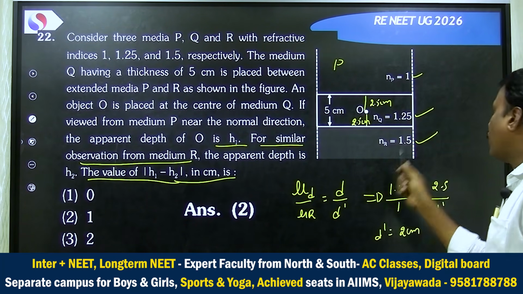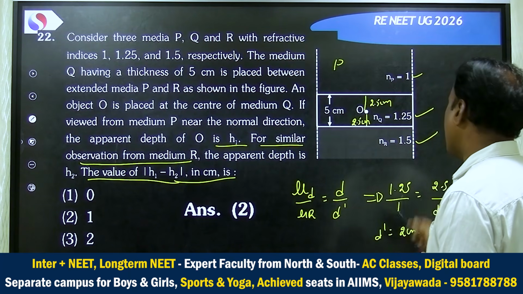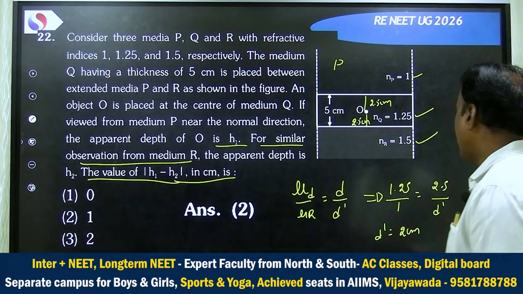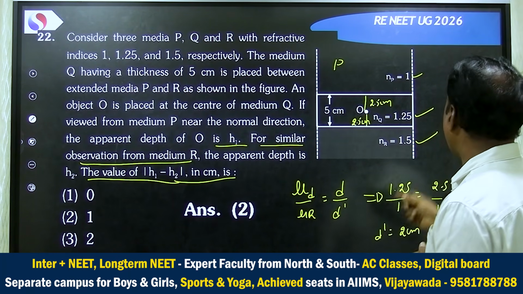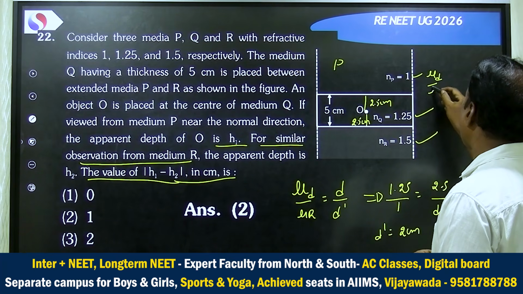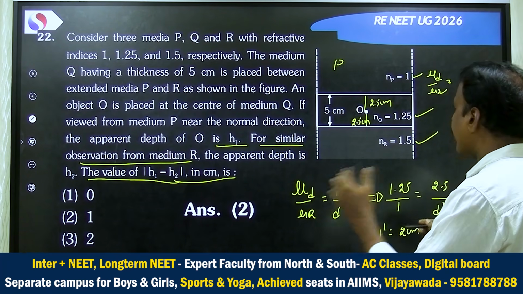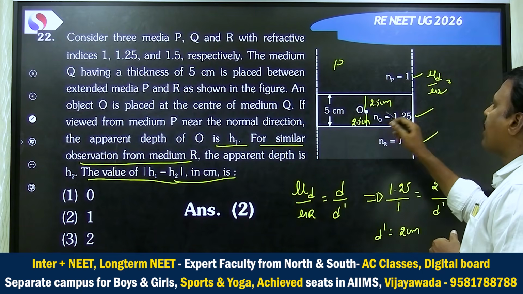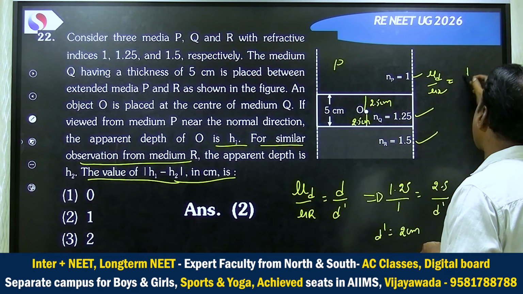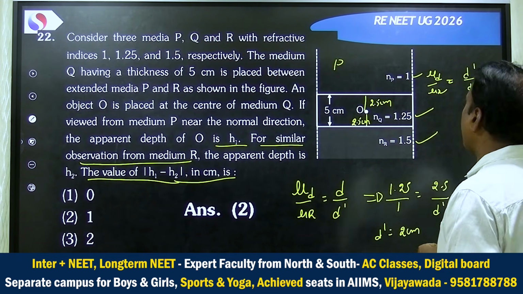Then what about the observer in the second medium? We will see on the next page. Remember these values, 1.5 and 1.25. Or else we can finish that here also. Write mu denser by mu rarer. And this is the case where the object is in the rarer and the observer is in the denser. In this case, you will get the reverse of it: D dash by D, that means apparent by real.